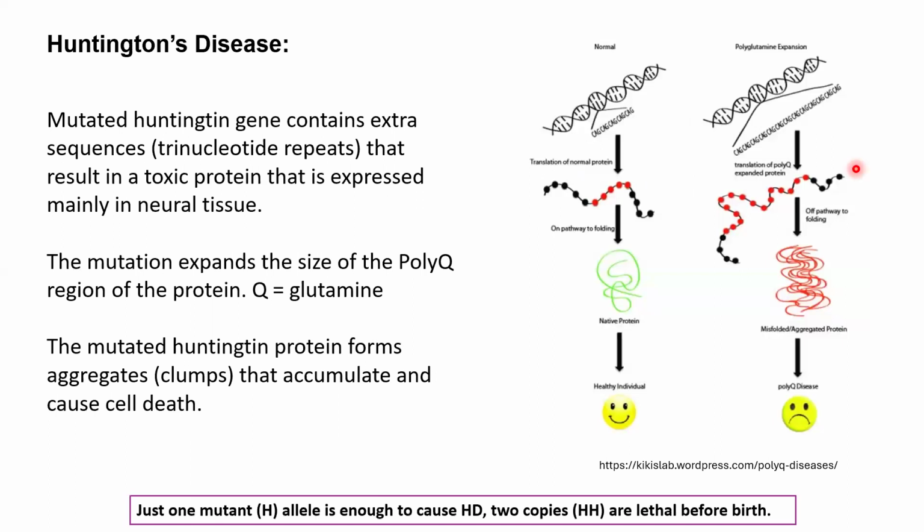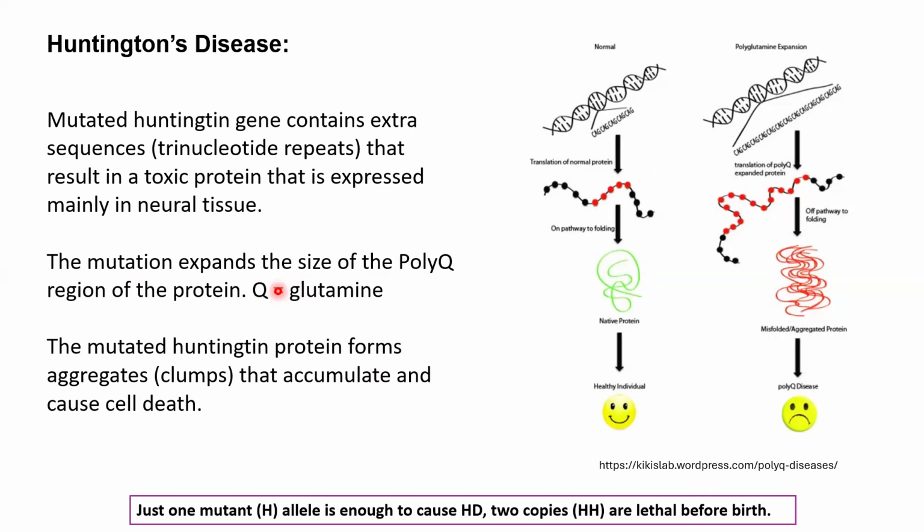So Huntington's disease starts off with the Huntington gene, which contains an extra set of trinucleotide repeats that results in a toxic protein expressed mainly in neural tissues. That is, there's an expanded polyQ region, where the Q stands for the amino acid glutamine.